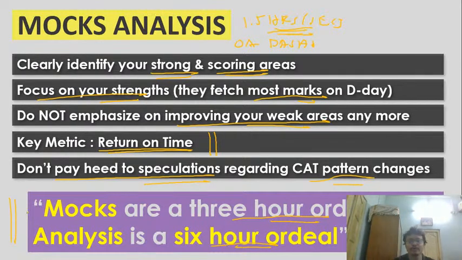The moment I say where you went wrong, usually what happens is, in a lot of questions, especially in areas like verbal, people tend to be confused between 2 options, let's say D and B. And suddenly they end up marking B, which turns out to be the actual right answer. So they assume this was the correct answer, and they do not feel the need to go through the analysis of the solution, which is actually incorrect. Remember, you had a 50-50 chance between B and D, and luckily you got it correct.